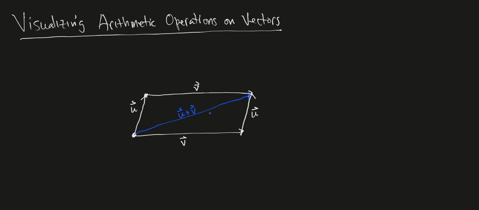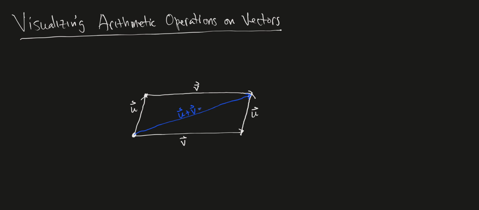So that would be the vector u plus v, right? And just by doing that, geometrically we see that this vector u plus v is equivalent to the vector v plus u. If instead of going along the vector u first, I decided to go along the vector v first, going from my initial point to this point, and then add u, I would end up at the same point.